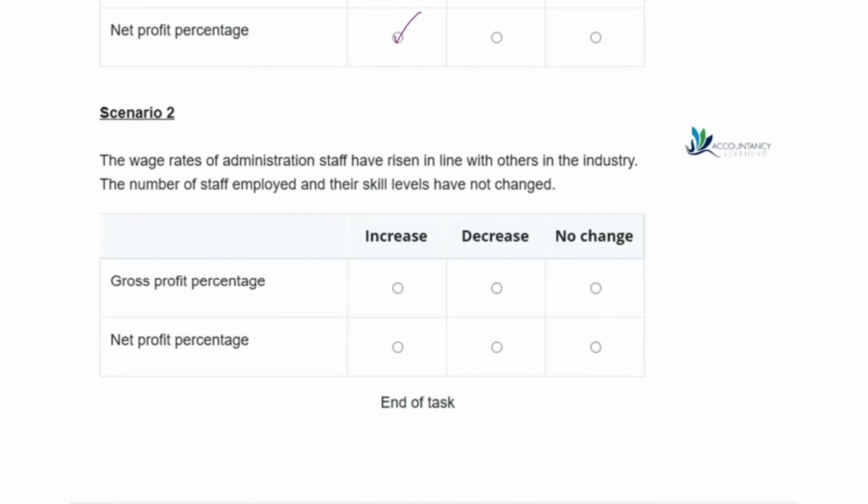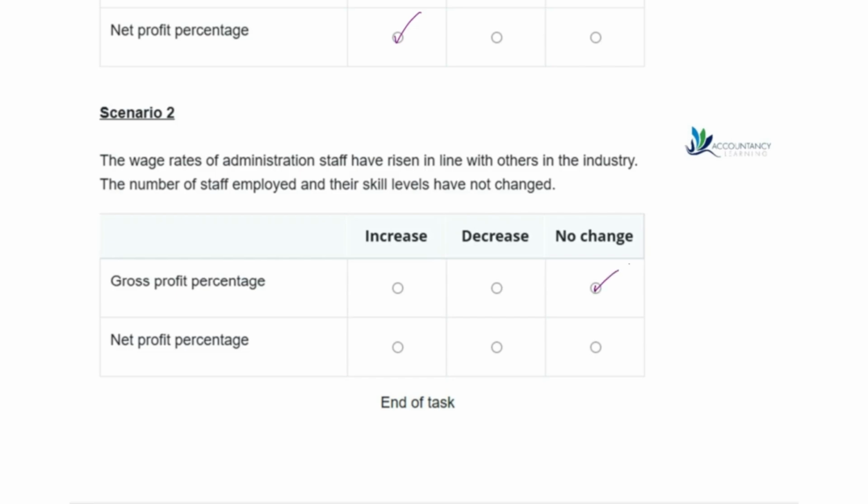And then the final scenario, the wage rates of administration staff have risen in line with others in the industry. The number of staff employed and their skill levels haven't changed. So gross profit percentage. So now we're talking about wages of staff. Gross profit is only concerned with sales and cost of sales.